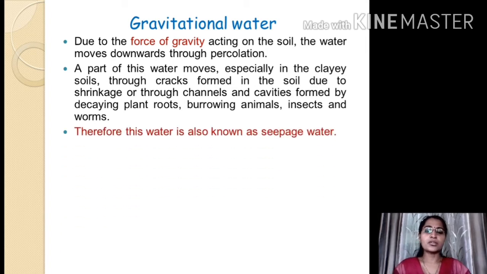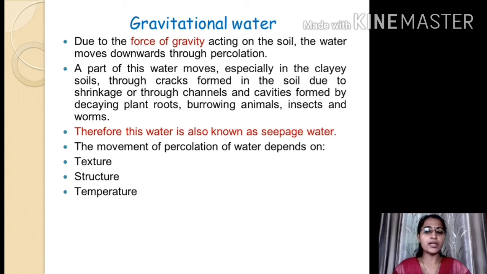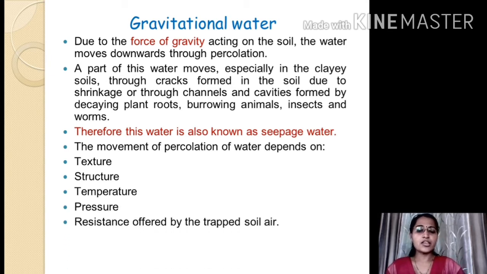Therefore, this water is also known as seepage water. The movement or percolation of water also depends on some factors. It depends on texture of soil, structure of soil, as well as temperature, pressure and resistance offered by trapped soil air. Now here we see the three types of soil water.